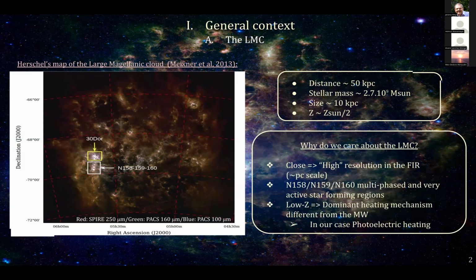So why the LMC? Because it's close, so we can resolve it in the far infrared at a parsec-scale resolution. And also because it's low metallicity. So we can probe a different dominant heating mechanism than we can in the Milky Way. And in our case, it will be the photoelectric heating.